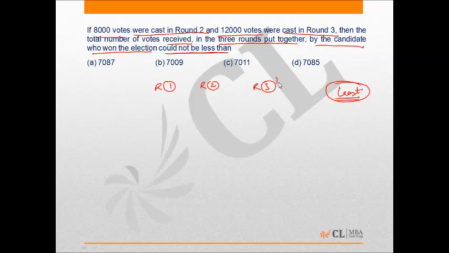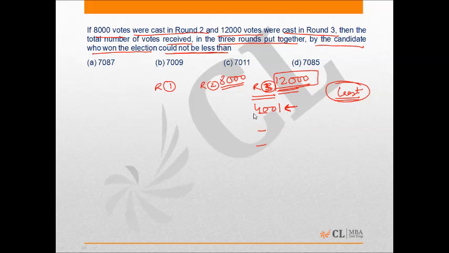The total number of votes polled in round 3 will be 12,000, and in round 2 were 8,000. In round 3, the winner will be the person who received the maximum number of votes. So the minimum number of votes in 12,000 received by a candidate who has to be the winner will be 4001. I will have to minimize this value.